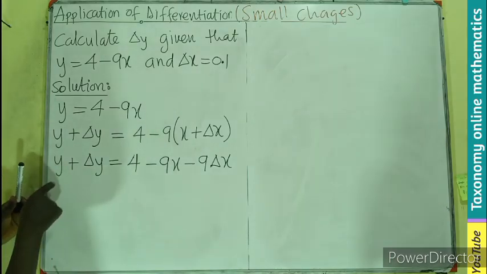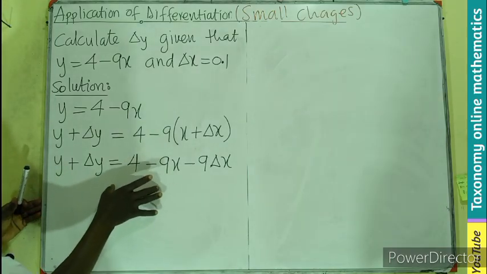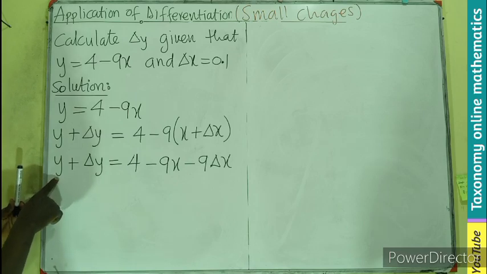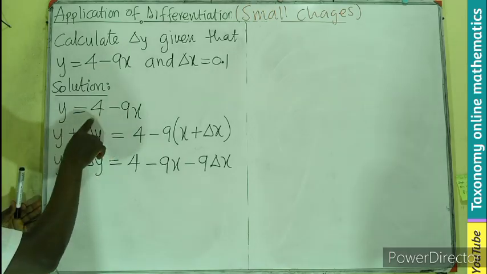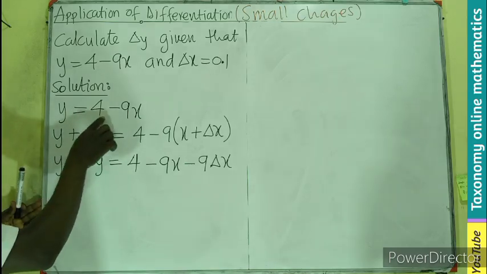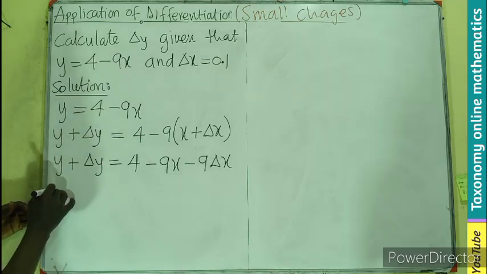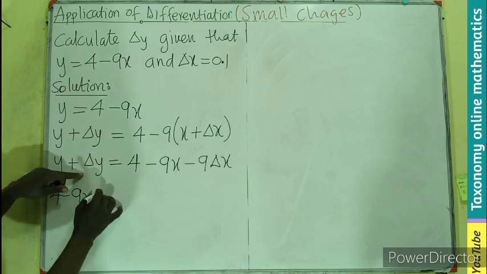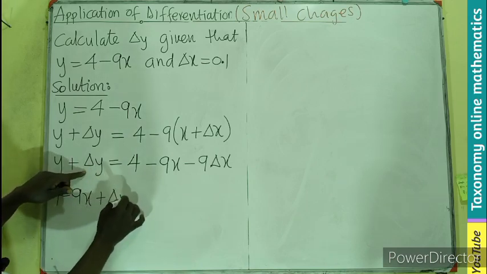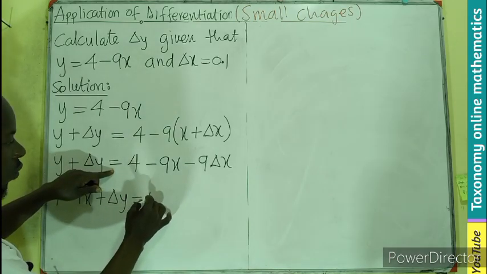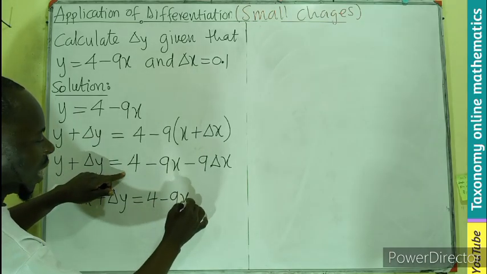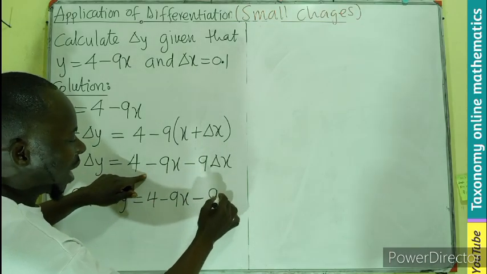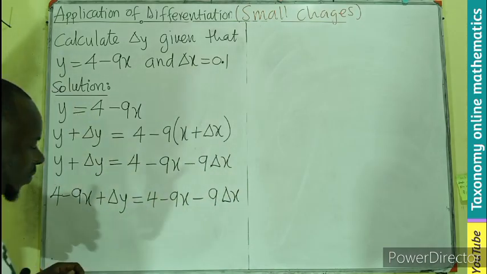But we can see that in this place, we can give the y as this value. You can see this y is equal to this. So that becomes y is 4 minus 9x, plus the delta y equals 4 minus 9x minus 9 delta x.